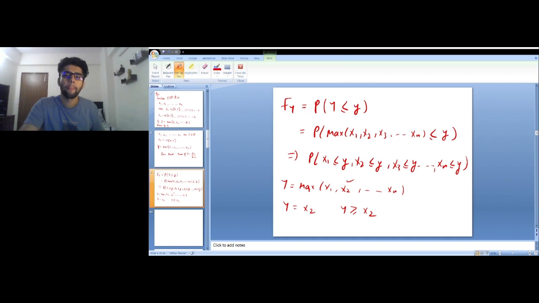And now x1 is less than x2, so I can write that y is greater than or equal to x1 also. That is what we are doing here.